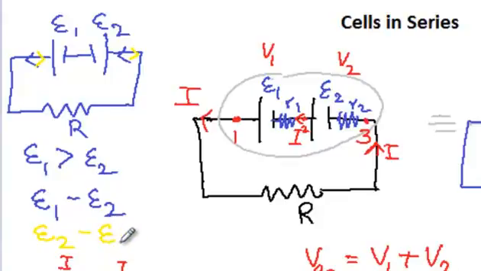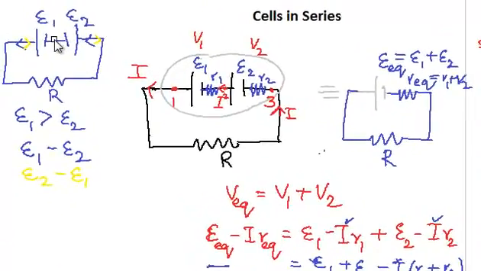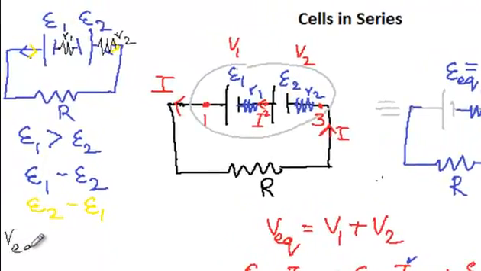See, if you look at the total internal resistance, we have a resistance R1 for this cell and R2 for the other cell. This is R1 and this is R2. So even in this case, the total equivalent resistance is R1 plus R2.